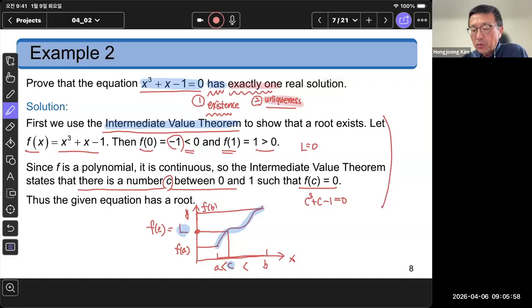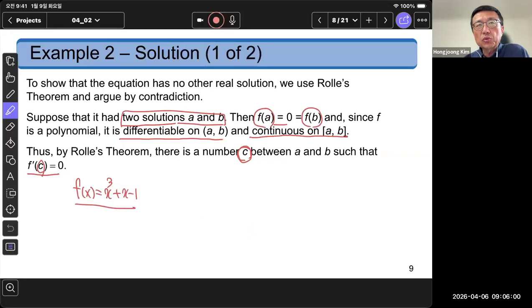As I said, what we did was assume that there are two solutions, say a and b. When I say two solutions, that means the points that make the function value zero. So f at a is zero as well as f of b is zero.